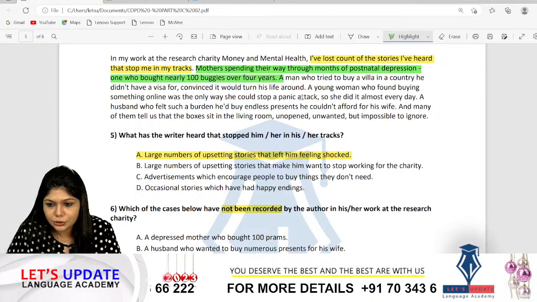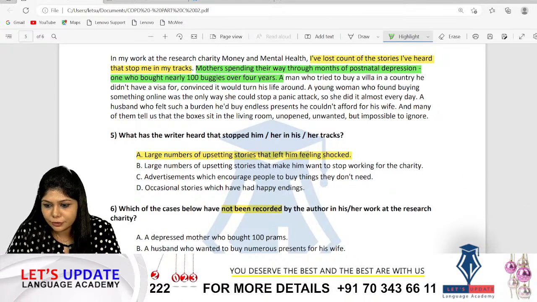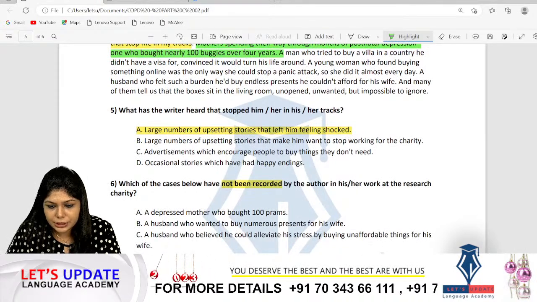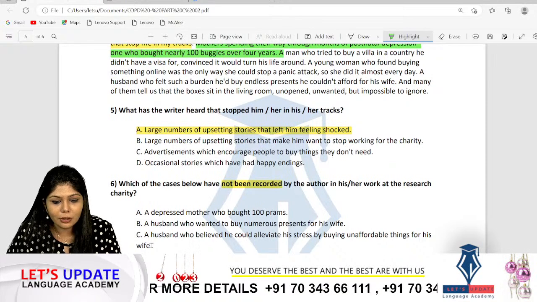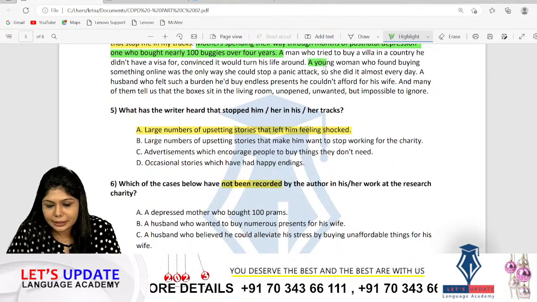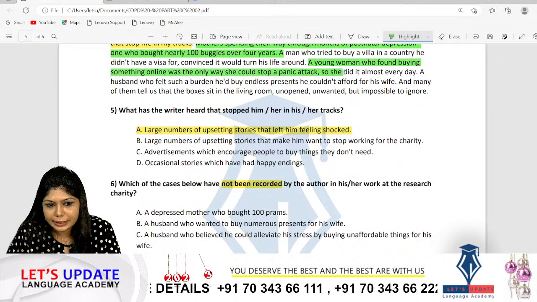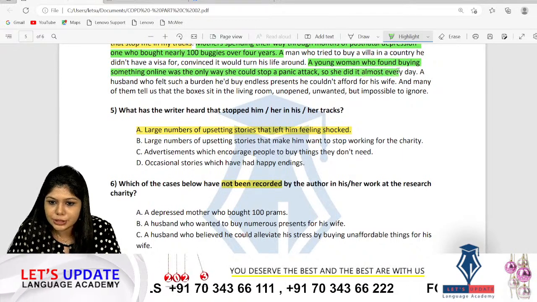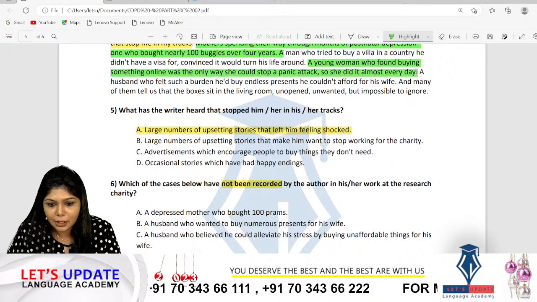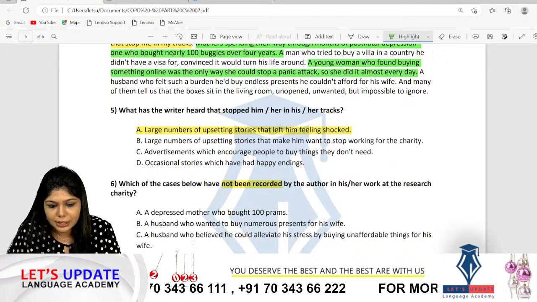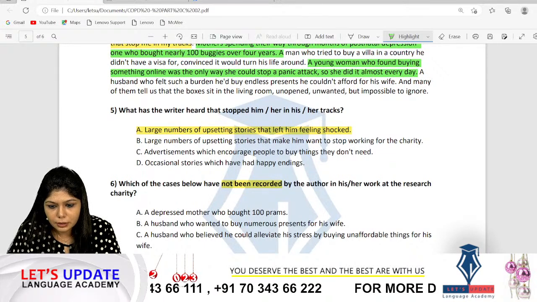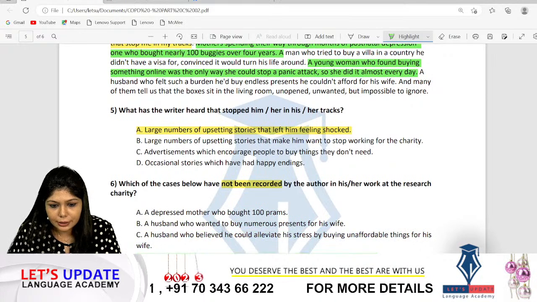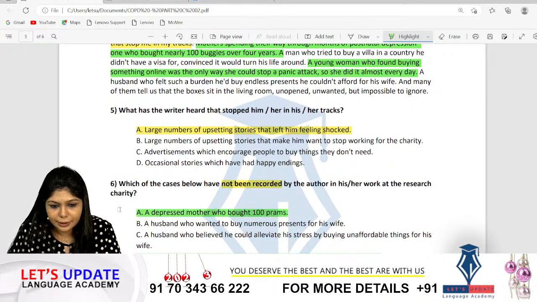That information is in option D. I'll highlight it: a young woman buying something online so that she could stop a panic attack, almost every day. So option D is very much there, and option A is very much there.